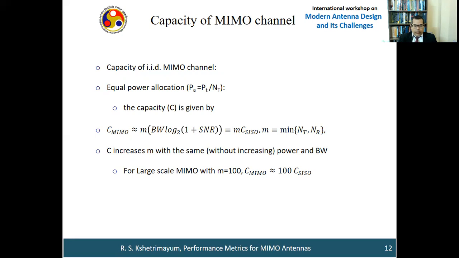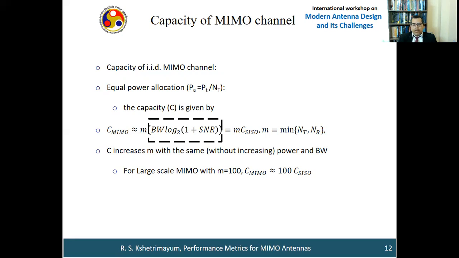The simplest power allocation is to apply the same power to each and every antenna. In that case, every antenna will get PT by NT signal power. For equal power allocation, the capacity of an IID MIMO channel has been derived in the literature. It has been observed that it is M times that of the single input, single output system, where M is the minimum of the number of transmitting antennas and the number of receiving antennas.